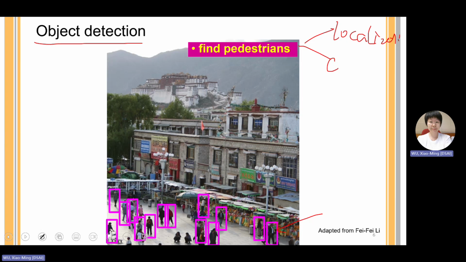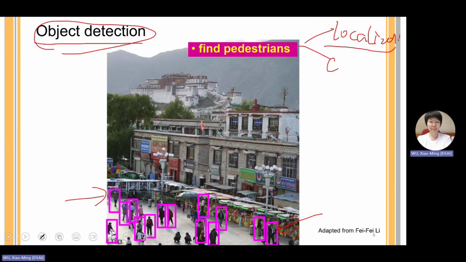Classification, right? In addition to locating the object, we also want to identify the category or class of the object. So another typical recognition task is object detection.